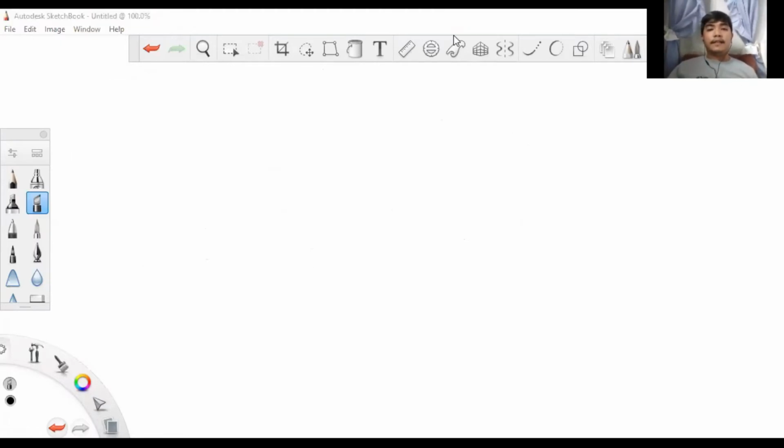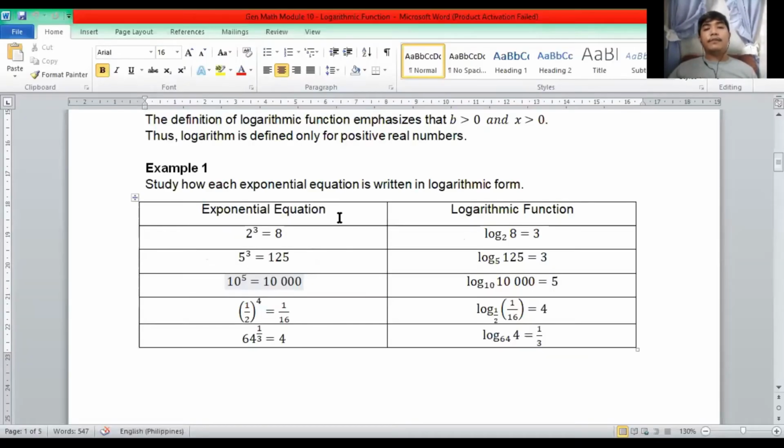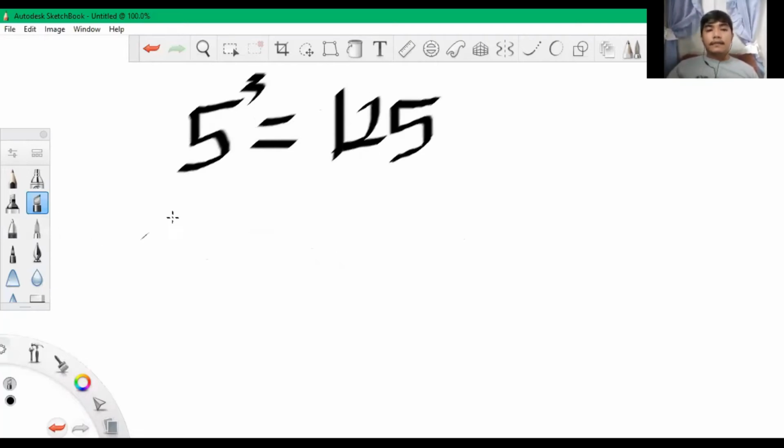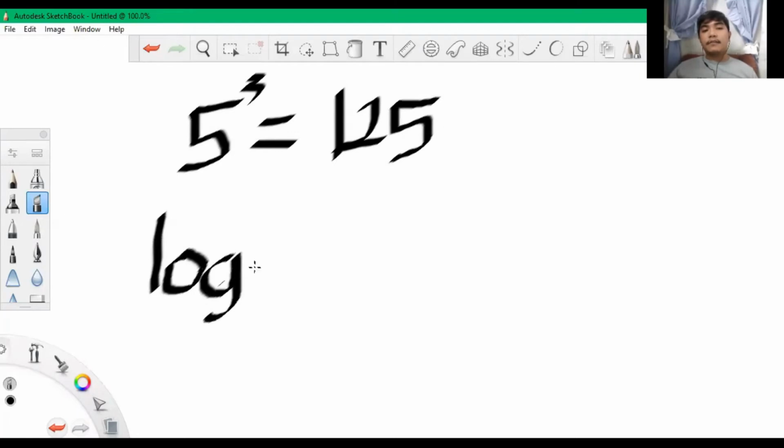Now let's have another example. We have 5 cubed is equal to 125. When we convert this into a logarithmic form, again, we have to write the logarithm symbol, which is log, and rewrite the answer, and in this example, we have 125 as our answer. So this is the logarithm of 125 to the base, and the base in this example is 5.